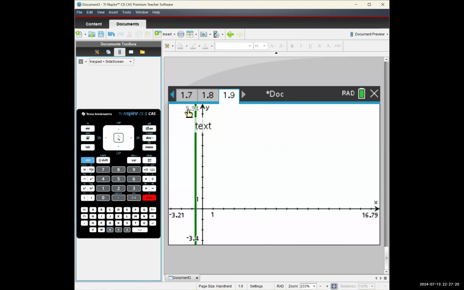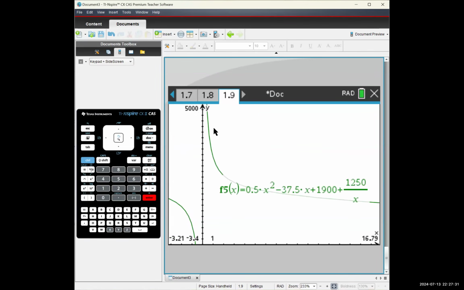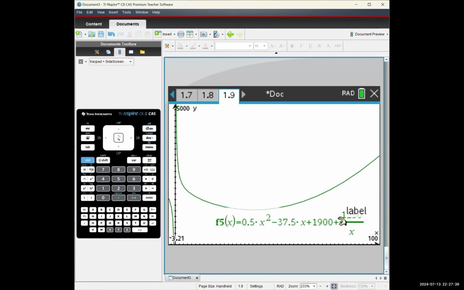Doesn't look very beautiful. Let's just try to use a larger value. Let's say 2000. 2000 not even enough. Let's say 5000. And I think this number is also too small. Let's try 100. Looks much better.